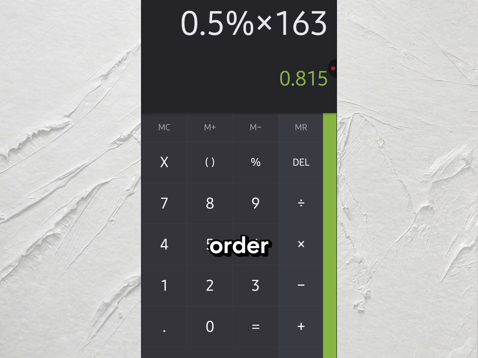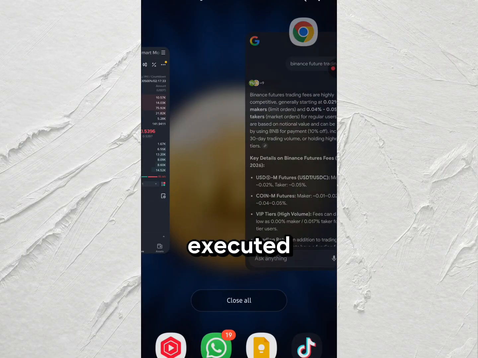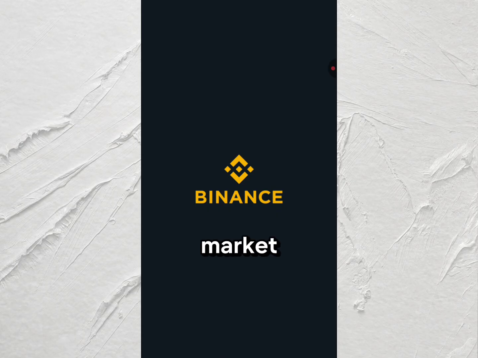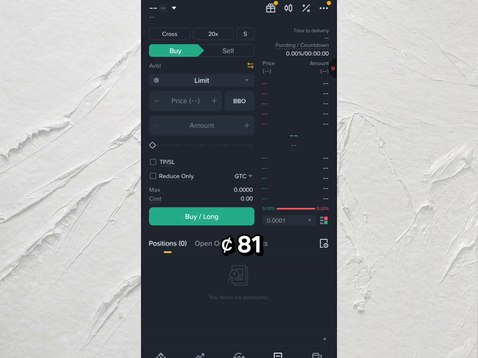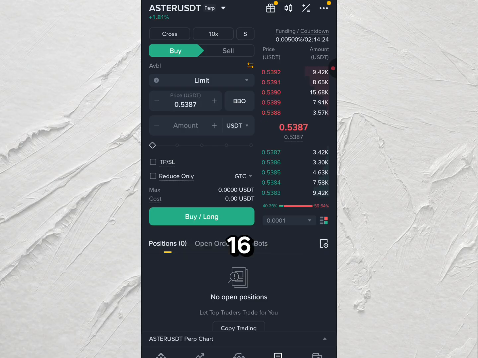So if your order successfully gets executed right now on market order, on either a short trade or a long trade, 81 cents will be deducted from your initial collateral of 16 point something. In my case, 16 point something. The money is deducted from your capital, not the leverage money.